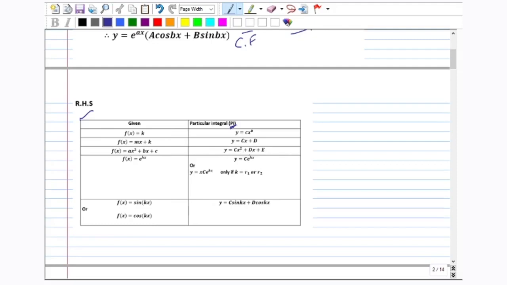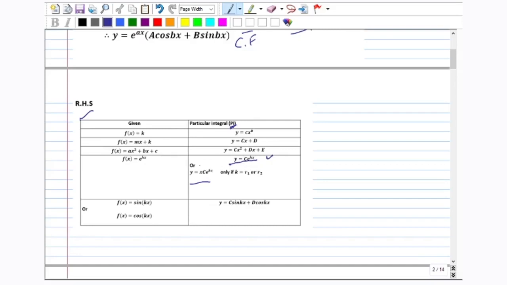You can see I'm not using the value of a or b, because we have used that in our complementary function, so we can't use it also in the particular integral. I'm using other letters. Then there is this one, if we are given f at x equal to e to the exponent kx, now there are two solutions. It's either you use this one or you use this one. In your textbook, they put this one.